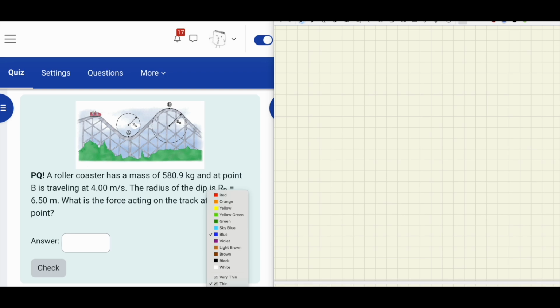When you're looking at these problems, we're looking here at point B, and in a minute we'll make a force diagram, but you should always note where the center of the circle is, because your centripetal acceleration will be pointing to the center. It is below point B, so the acceleration will be negative because it's in the down direction. So let's take a look. Let's start by doing a force diagram.